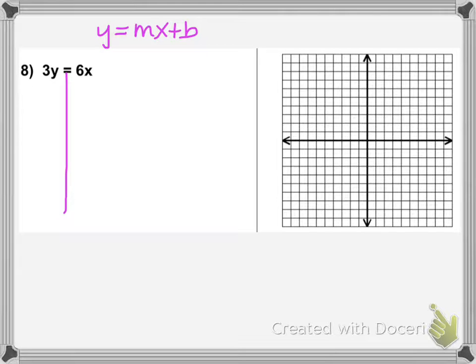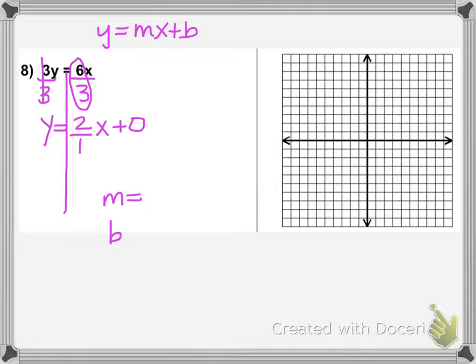So step 2 is to divide every term by the coefficient of y, which is 3. 3 divided by 3 is 1. 1 times y is y, equals 6 over 3, simplified, because that's going to be my slope, is 2 over 1, and then x. And then I don't have anything added after it, so it's kind of like there's a plus 0. If you don't see anything and you want to put that plus 0 there to make you feel good, you can.